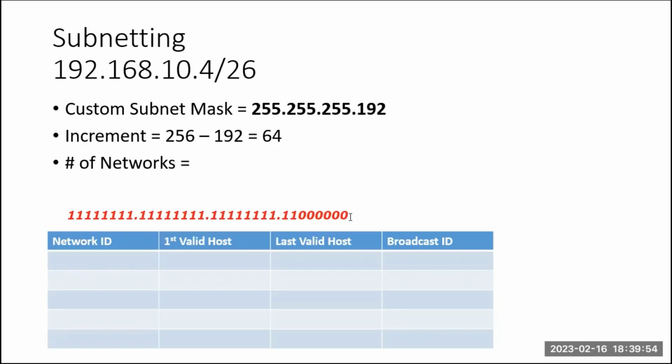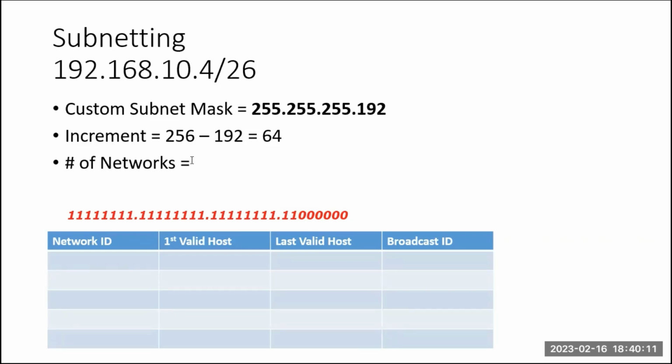So what we're gonna do now to work out the number of networks is look in the 4th octet. For class C, look in the 4th octet and look at the amount of bits that are turned on. How many bits do we have turned on in the 4th octet? 2.